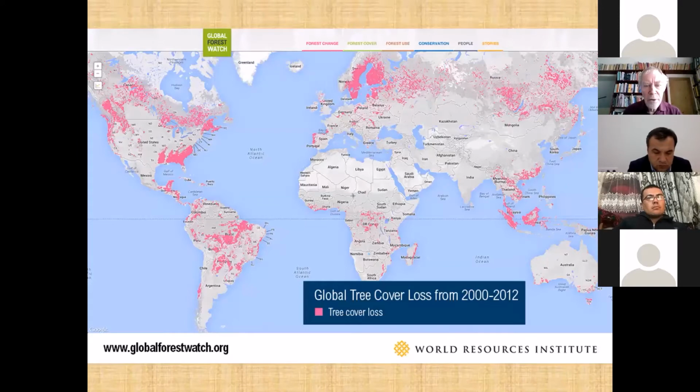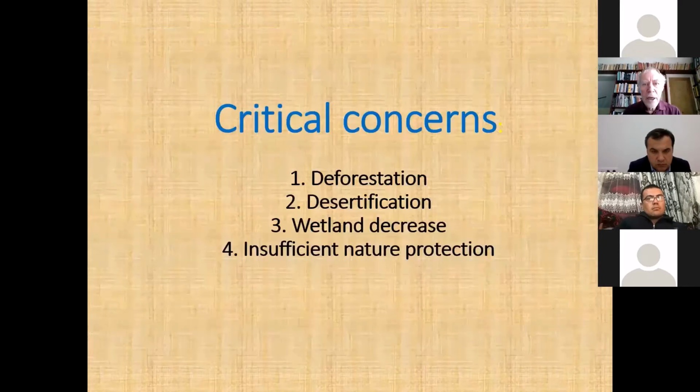Here you see tree cover loss during a period that was measured. So it's serious and it's very big. Critical concerns when it comes to forest: you stop deforestation. So we are concerned about deforestation.